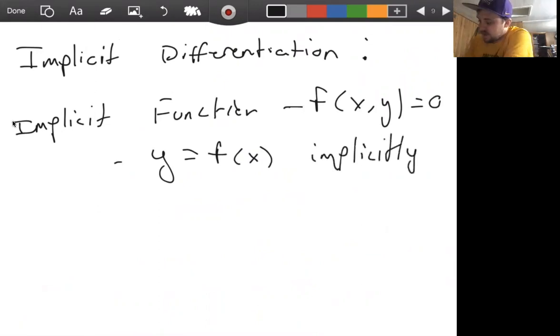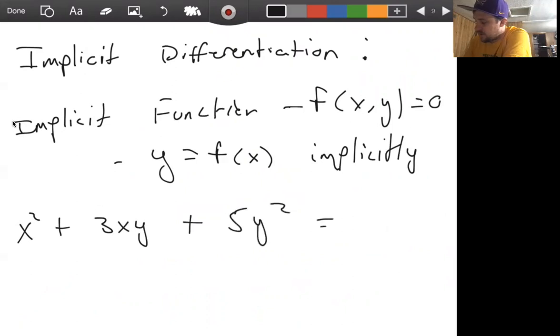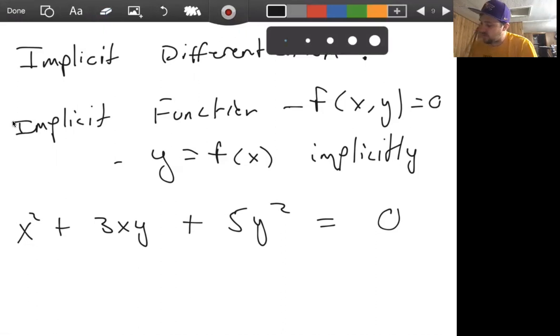And what it means is, you could have something like x squared plus 3xy plus 5y squared equals 0, where it's pretty difficult to solve for y by itself, or if you do isolate one y by itself, like for example, what would we have here if we tried to solve this for y, right?